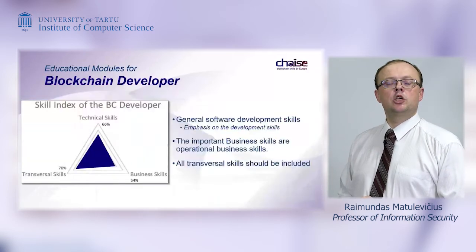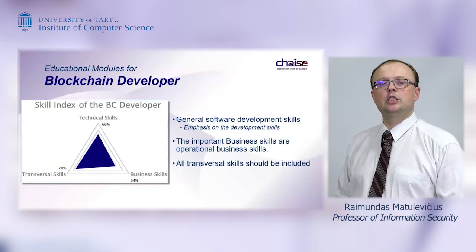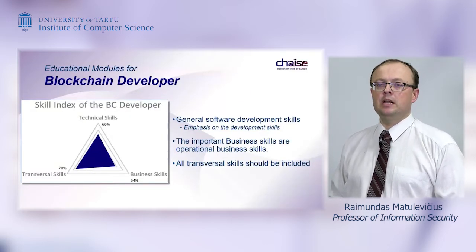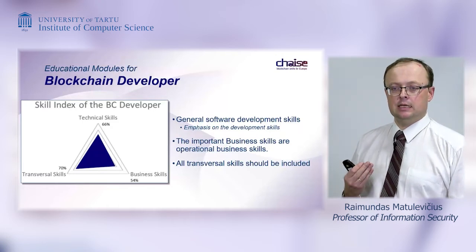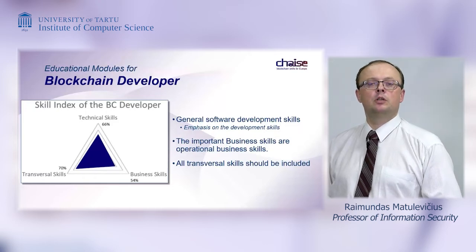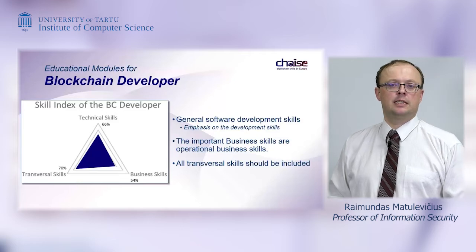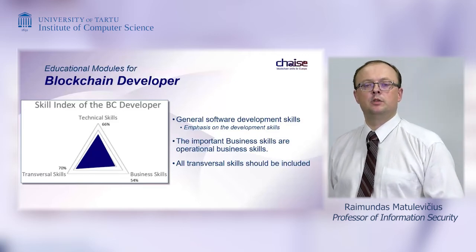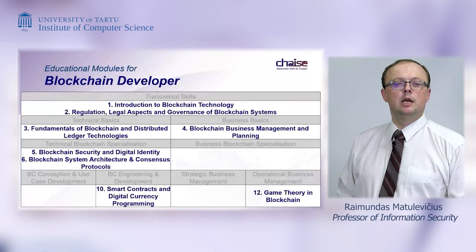The next educational profile includes the blockchain developer. The blockchain developer needs to have the skills in developing the blockchain itself, with specific emphasis on the development skills, but it's also important that he would know some business skills and also have a lot of transversal skills to be able to take the responsibility and authority in the system development.